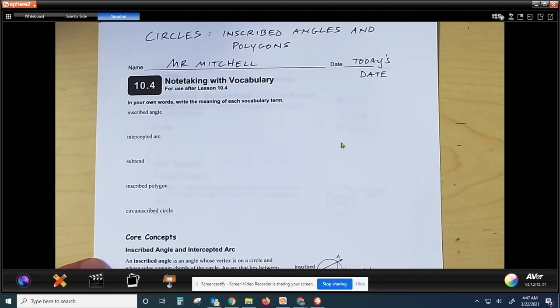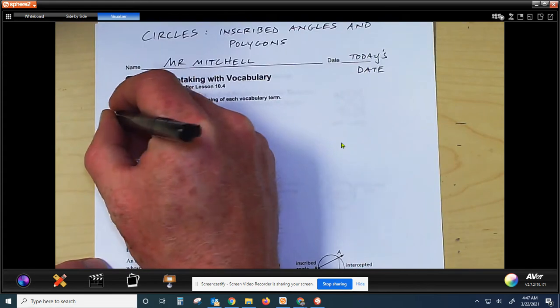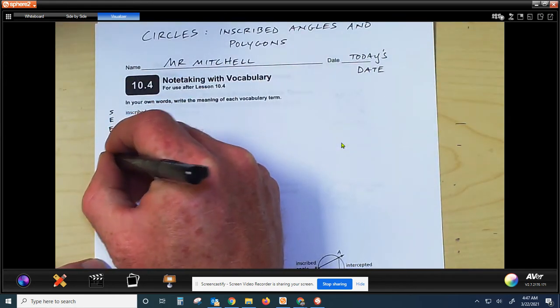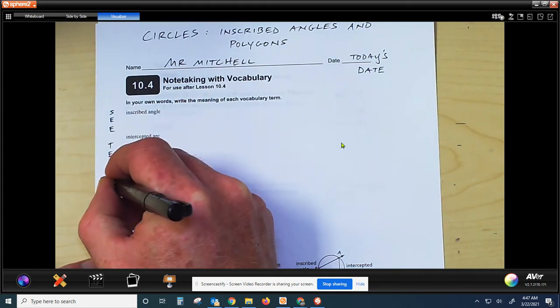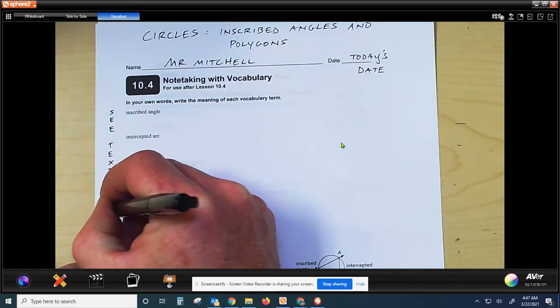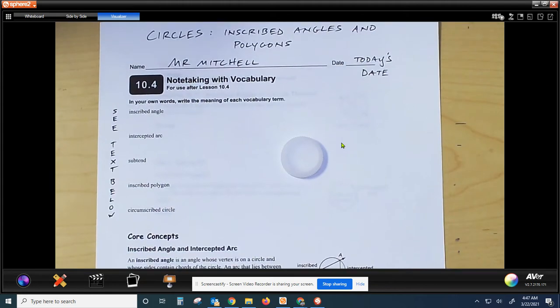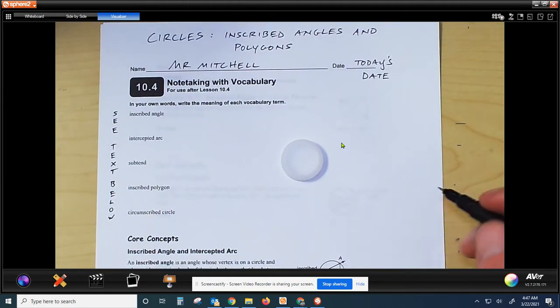Here's my move. I'm going to take care of all this vocabulary at once. I'm making one note down the side that says see the text below for definitions, because I'm a visual learner, and what I want to do here is draw a picture that helps me understand a couple of these concepts.